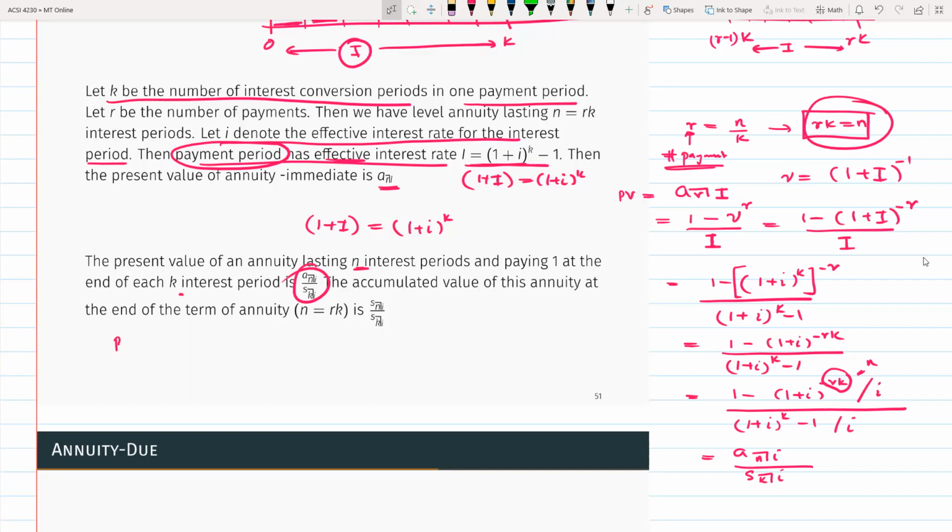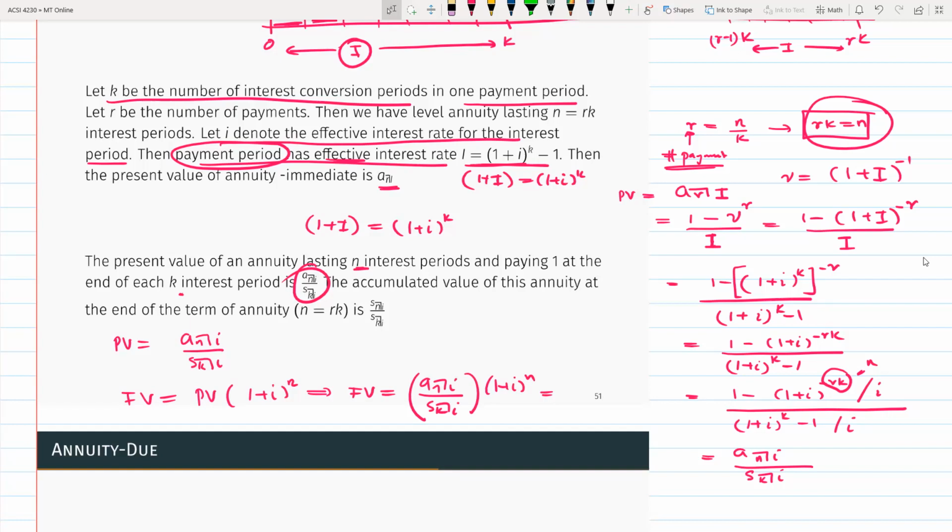So the present value becomes a_{n|i} over s_{k|i}. Now, what's the future value? Future value is going to be present value times (1 plus i) to the n.